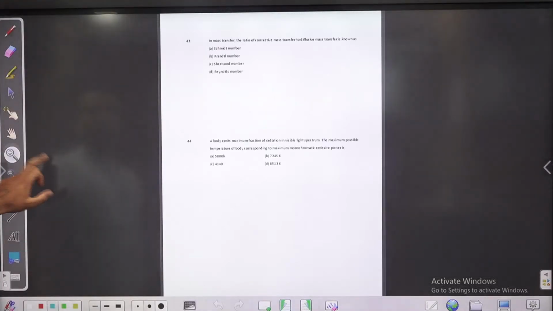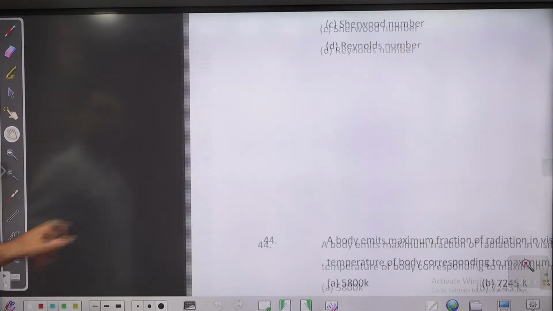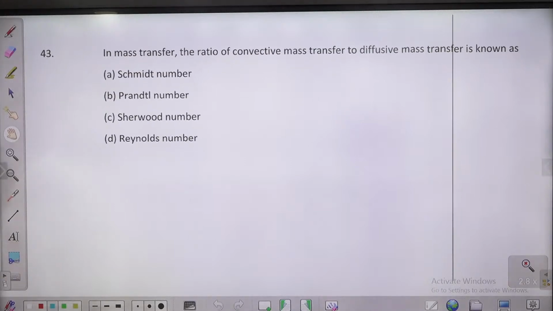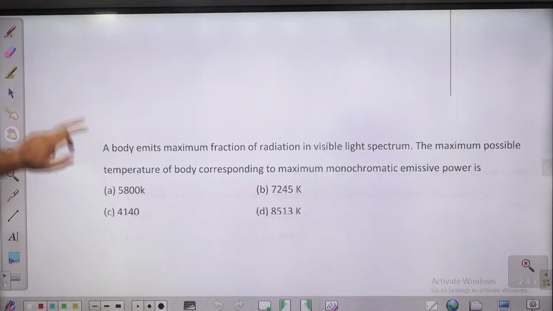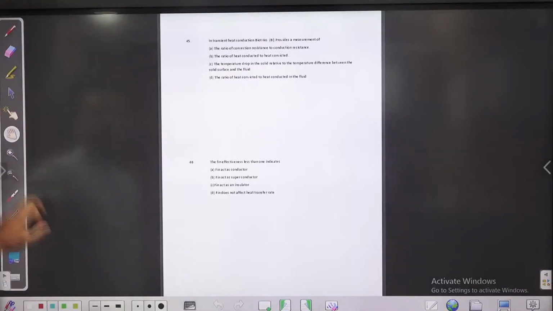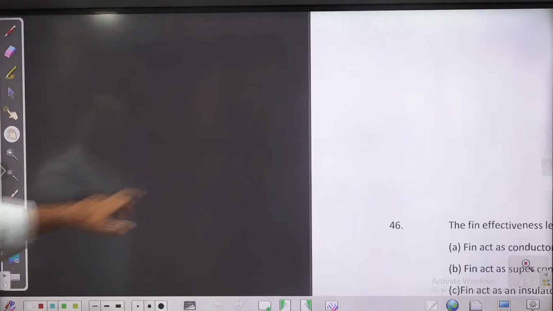Question number 43 and 44, these are also there in front of you. Please try. Okay, let me move to the remaining questions.